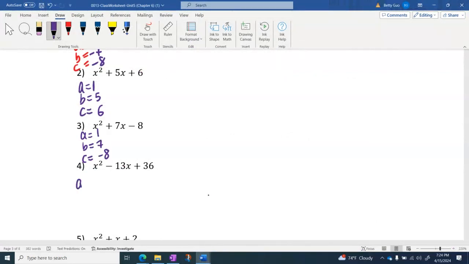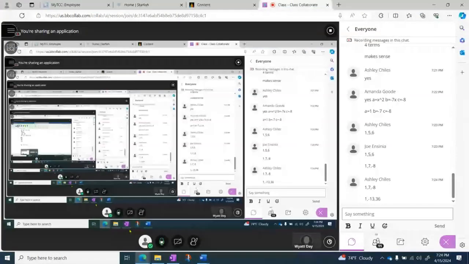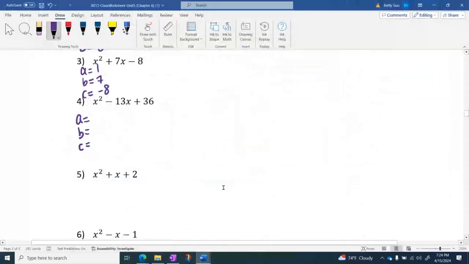Number 4. Determine if the given polynomial is a quadratic trinomial. Quadratic again means degree 2. If it is, what's A, what's B, what's C? You would have to make sure the trinomial is in the standard form, and then you identify A, B, C. 1, negative 13, 36.